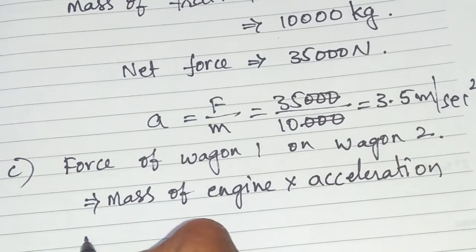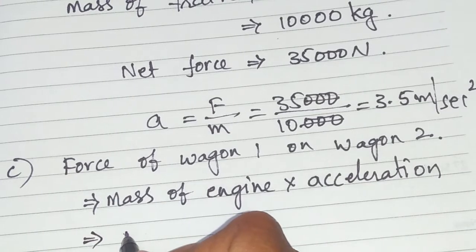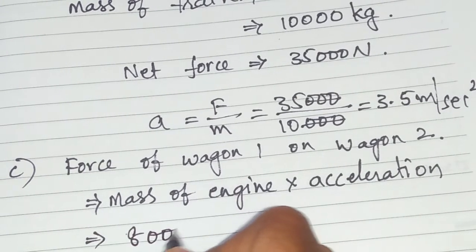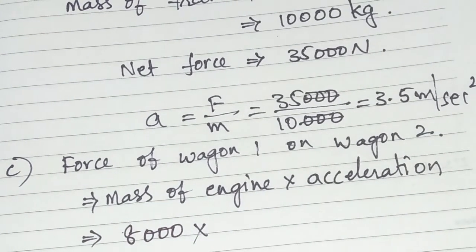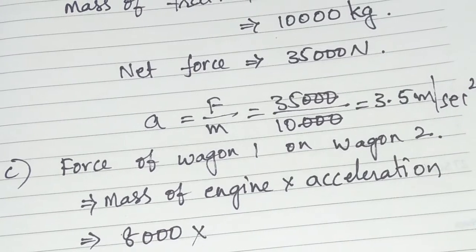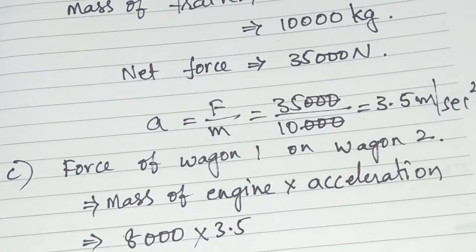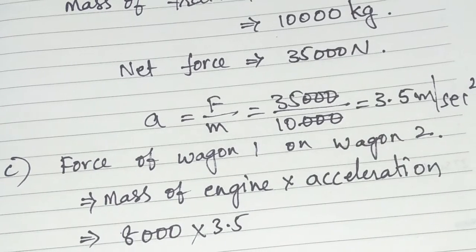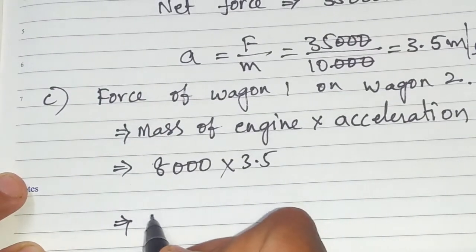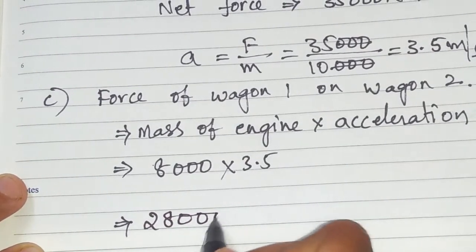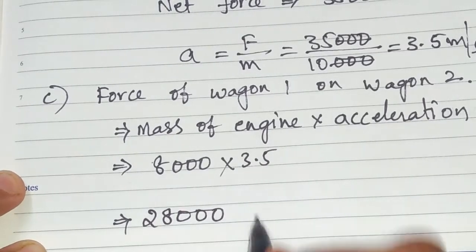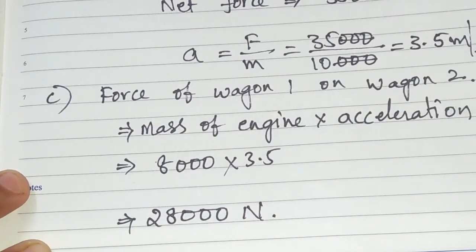So what will we do here, children? Mass of engine is 8,000 kilograms into, what is the acceleration we got here? 3.5. So 3.5 into 8,000. What is the answer we are going to get here? 28,000. What is the unit for this?